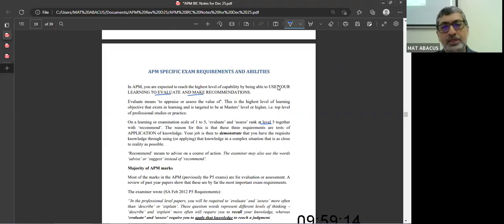A revision class is mostly aimed at an exam, and we are aiming at doing as many questions as possible. But before we can do that for this exam specifically, we need to clarify what is the examiner's expectation, and what is making it so difficult that students are having difficulty scoring enough.